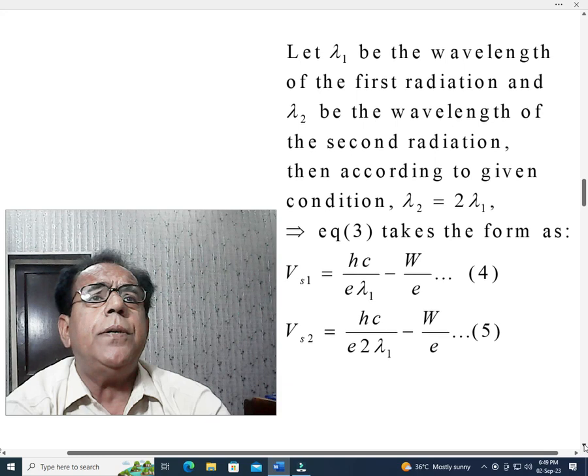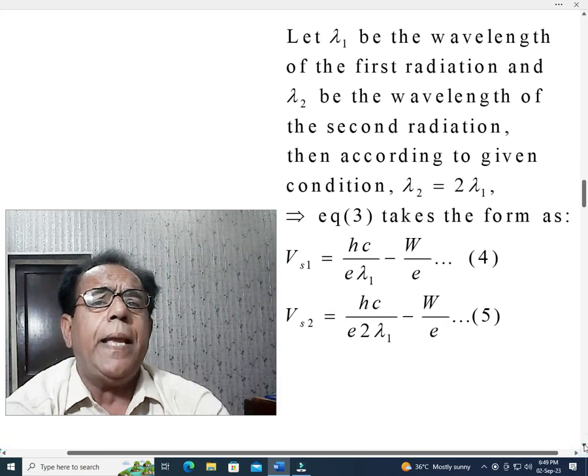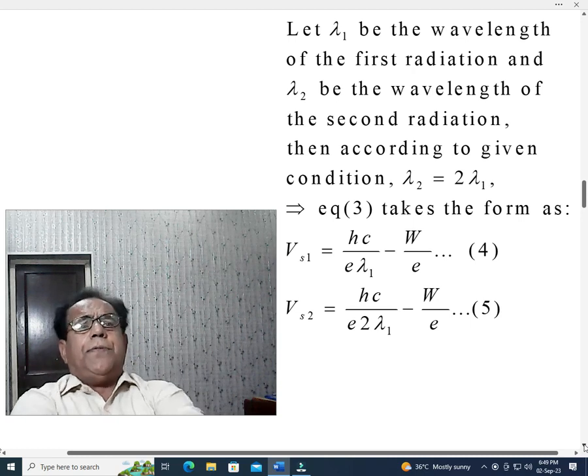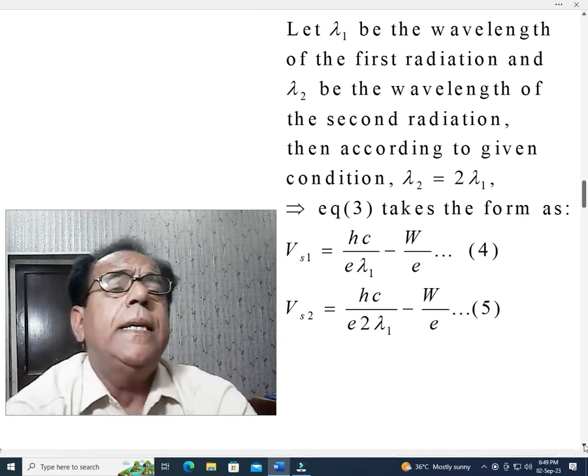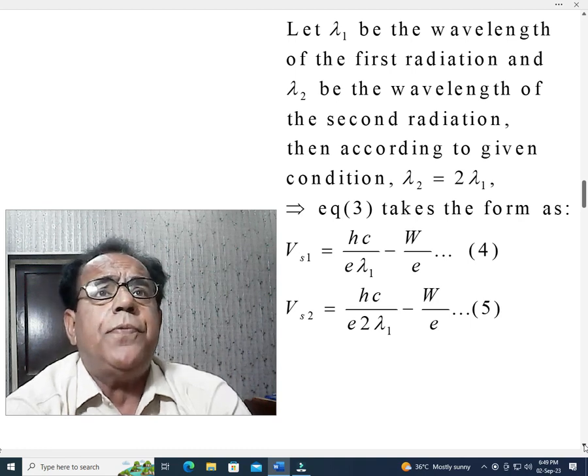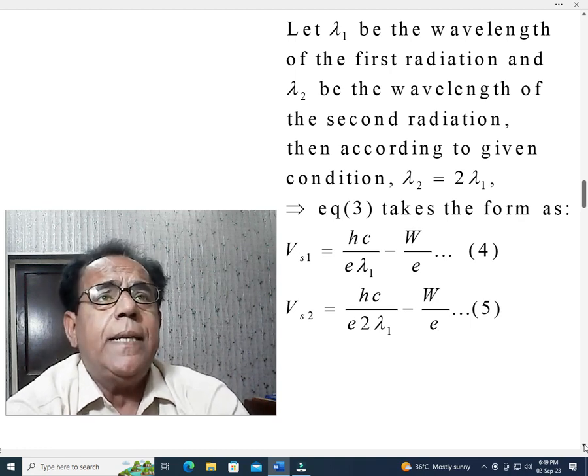Now we move further and develop two further equations which will be solved in this problem. Let lambda 1 be the wavelength of the first radiation and lambda 2 be the wavelength of the second radiation.